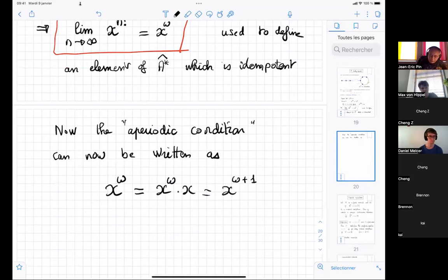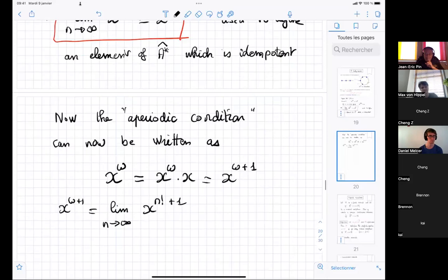And actually, if you want to be precise, x omega plus 1 should be defined as the limit of another Cauchy sequence, which is this one. But that's perfectly good. So now, that's very interesting because now we really have equations.